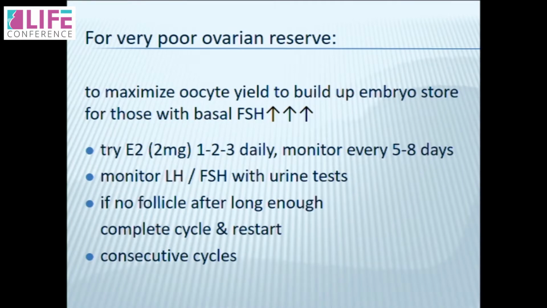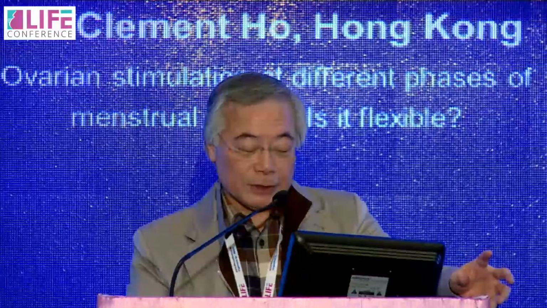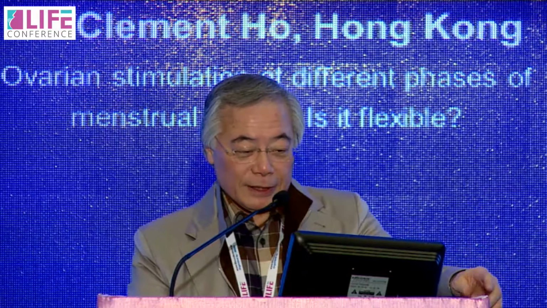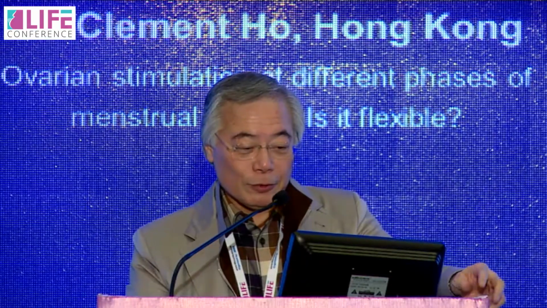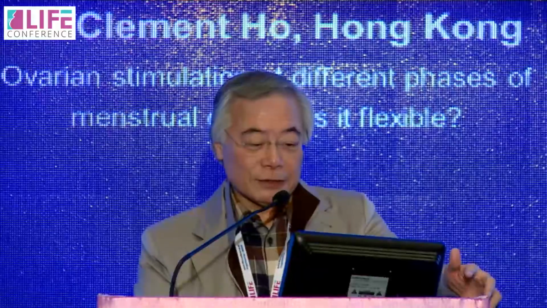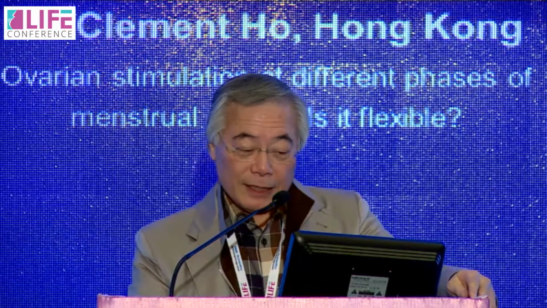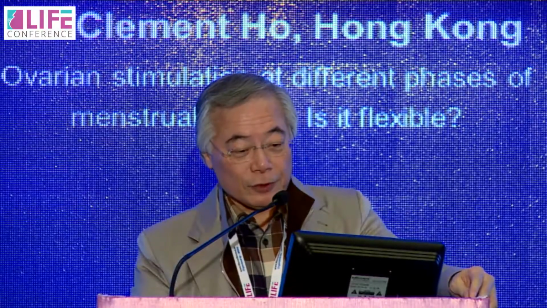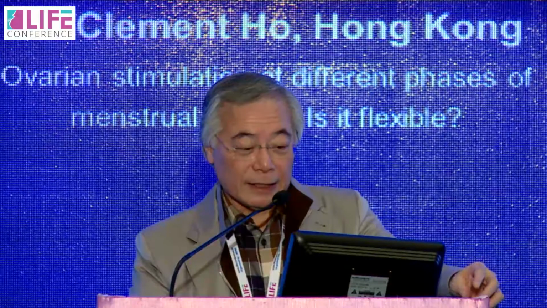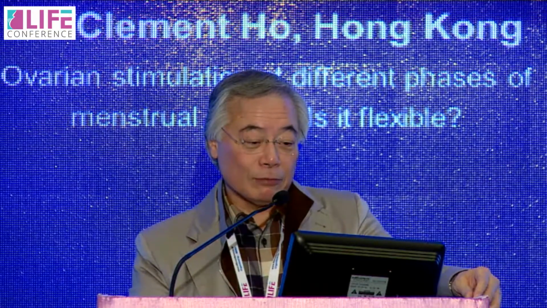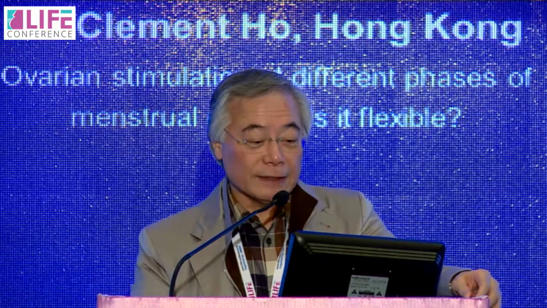So one may actually use just urine tests because they're cheap and not having to do blood tests, and the results are immediate. And then, of course, if you see no follicle, and the FSH is still high, you give them more estrogen and then monitor again.